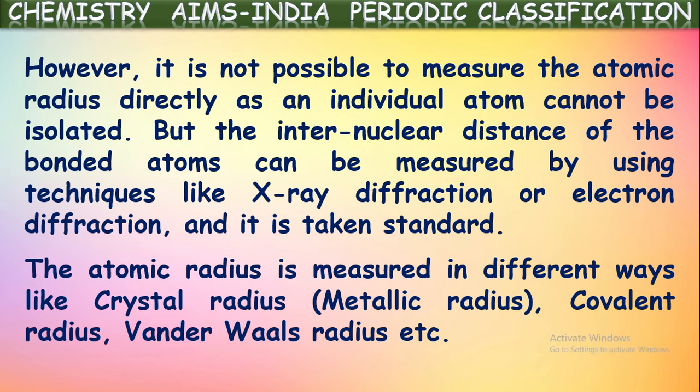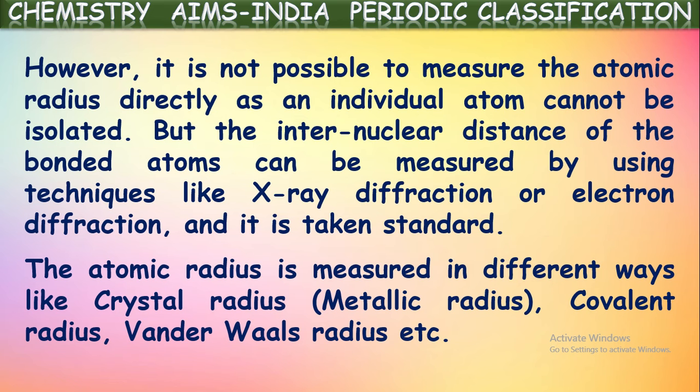So atomic radius is measured in different ways, like crystal radius, covalent radius, and even van der Waals radius. The atomic radius is derived from the internuclear distance in molecules formed by the atoms. These molecules or compounds might be of different kinds, like ionic compounds, metallic substances, even covalent compounds.